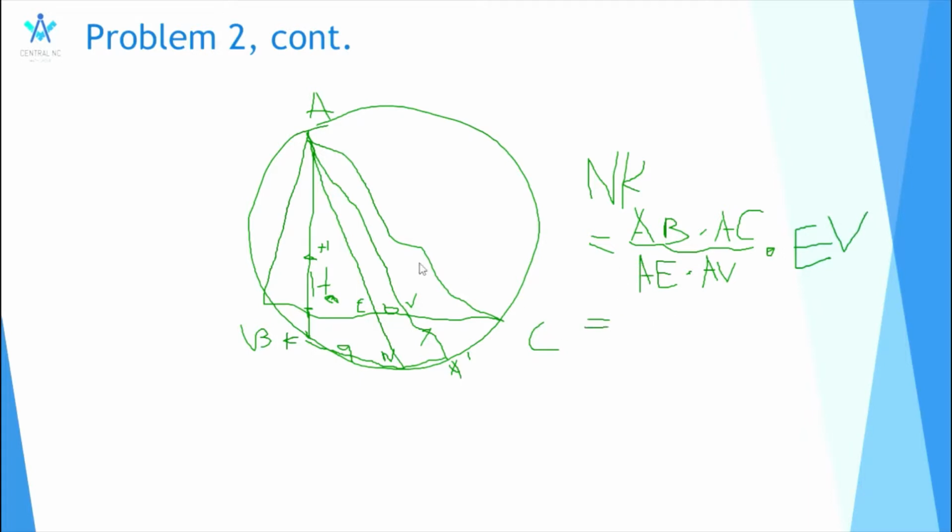Now, we can actually express AB times AC in a different way. Remember before we said that AB times AC is equal to AE times AN because ABE is similar to ANC, right? We're going to use that here. So AB times AC is equal to AE times AN.